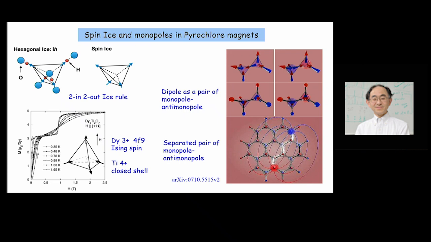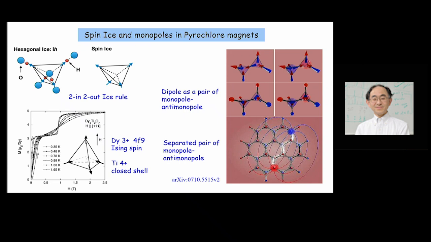And actually, in this dysprosium titanium oxide, dysprosium 3 plus corresponds to the 9 f orbitals, and the titanium is a completely closed shell. So that's why this dysprosium atom acts as an Ising spin ice. And the excitation of this Ising spin can be described by the monopole and anti-monopole configuration.